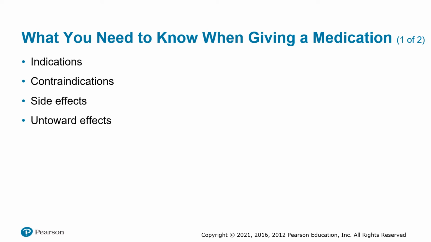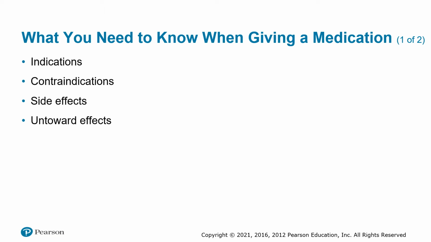Things that you need to know when you give a medication are indications, contraindications, side effects, and any kind of untoward effects. When you look at why you're going to give that drug, those are the indications.